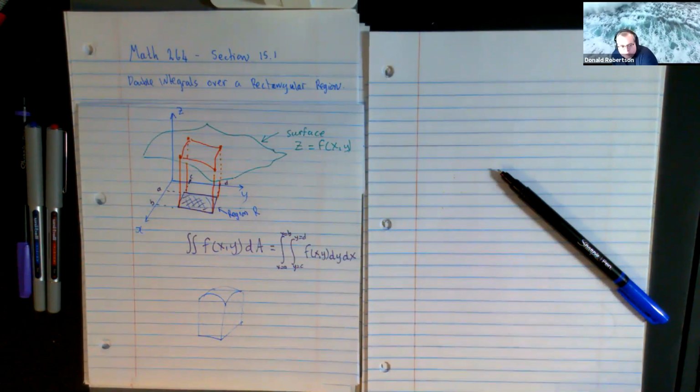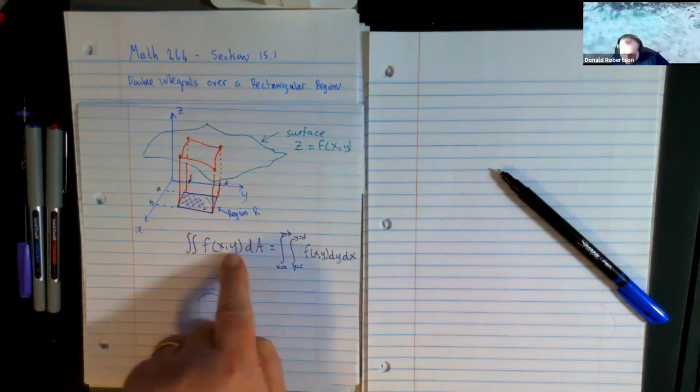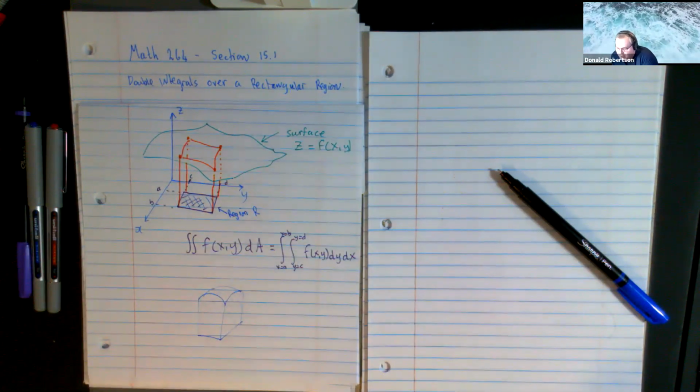Now, what could happen if the surface z wasn't above the xy plane, but it was below the xy plane? Surfaces can have negative z values, right? What do you think might be the result in this double integral? It's still a volume, right? But negative.